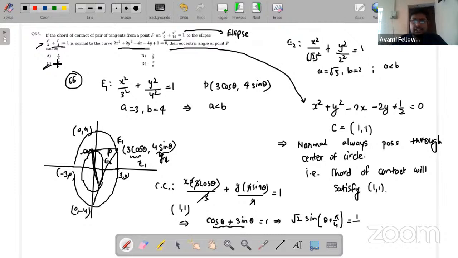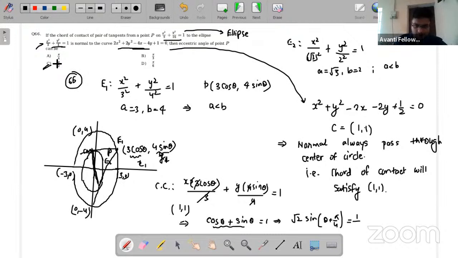Clear? Funda is clear. What we need to do is form a chord of contact. For any point x1 comma y1, if there is a chord of contact on any curve, then on that curve we replace x square by xx1, y square by yy1, 2x as x plus x1, 2y as y plus y1, and the constant term remains the same.